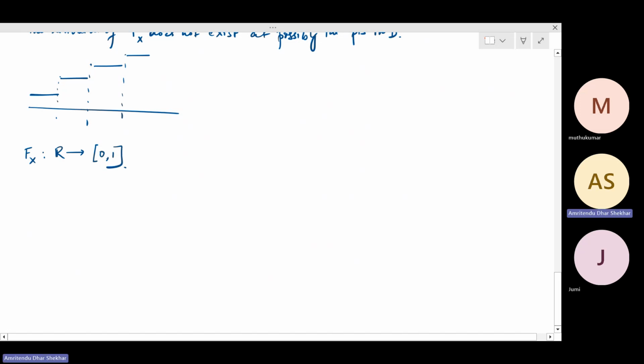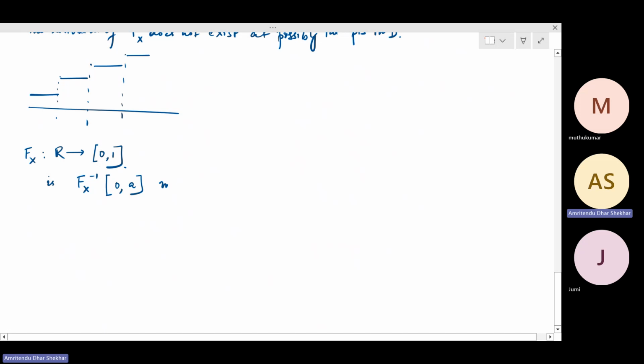Right. So if we now ask the question, is F_X measurable? That is equivalent to asking, is F_X inverse of (0, a) measurable?